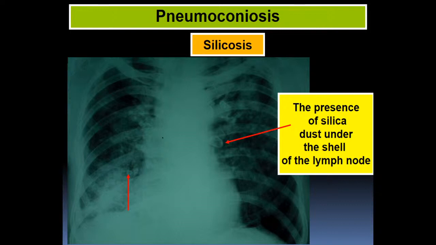And on X-ray, we can see the presence of silica dust under the shell of the lymph node, and can see many focal shadows in the lungs. But you can see shadows localized previously in the middle parts of the lungs and lower parts of the lungs and near lung roots. Upper parts are affected less in this disease.